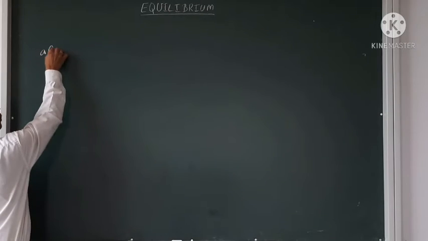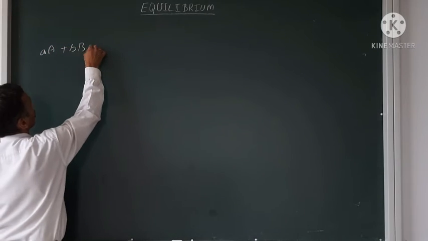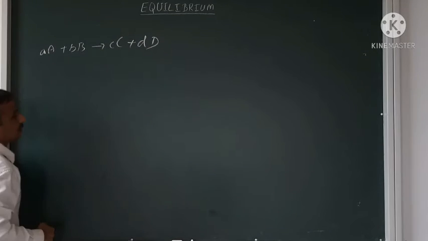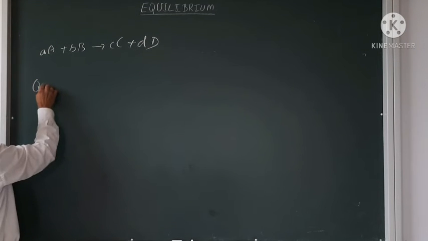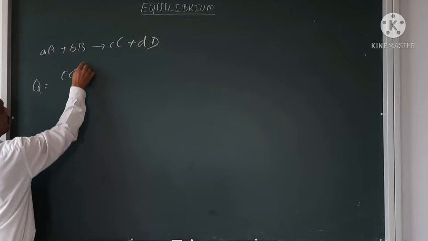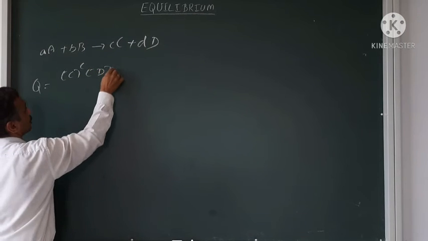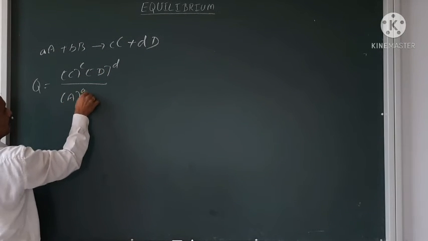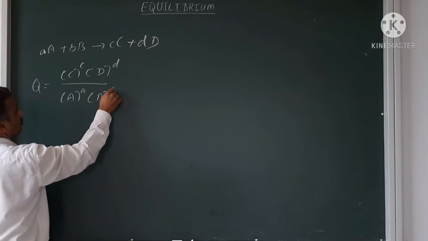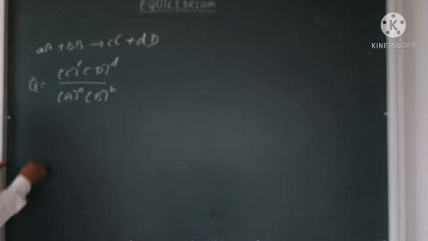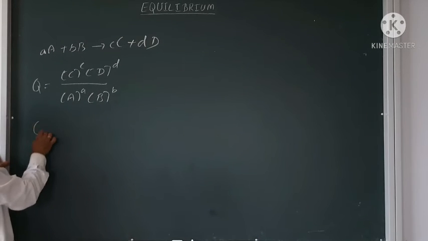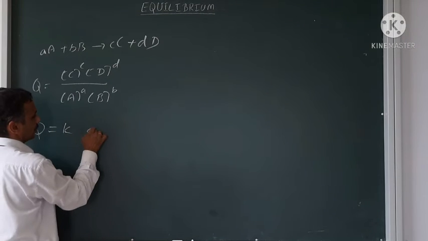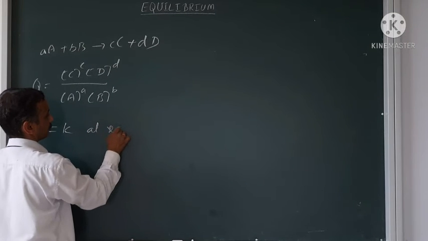Here, aA plus bB giving cC plus dD. What is Q?